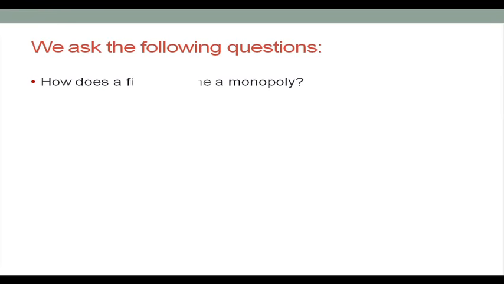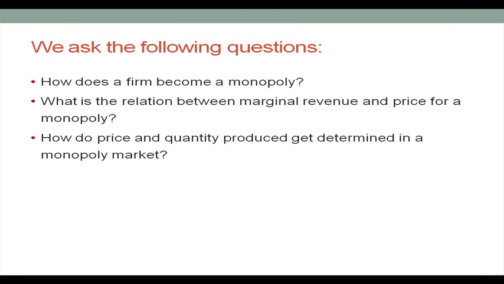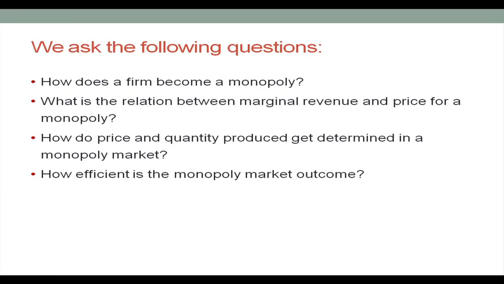So, we ask the following questions: How does a firm become a monopoly? What is the relation between marginal revenue and price for a monopoly? How do price and quantity produced get determined in a monopoly market? How efficient is the monopoly market outcome?